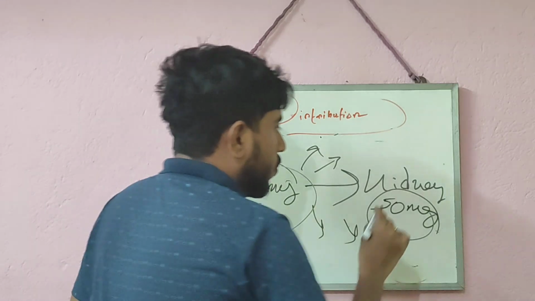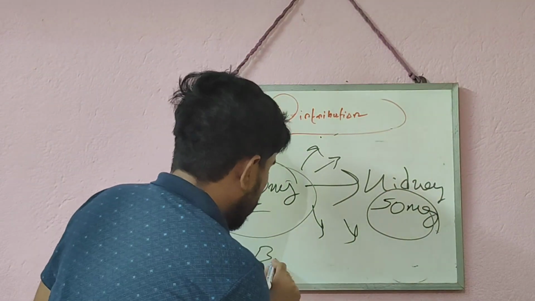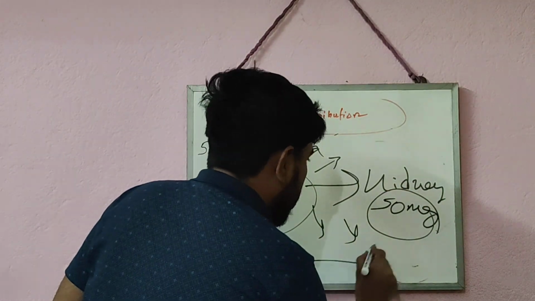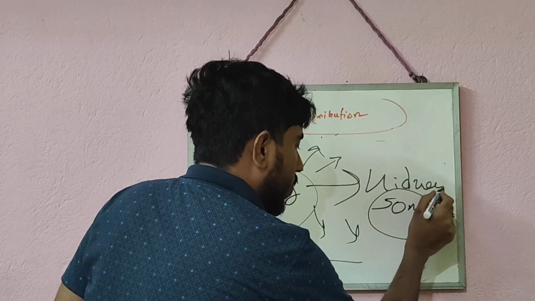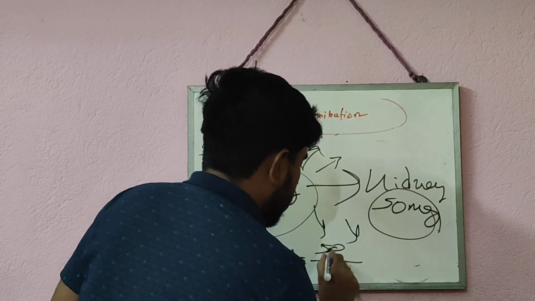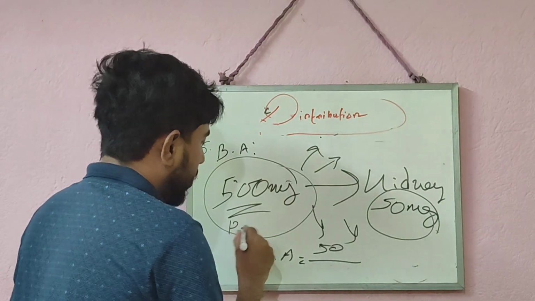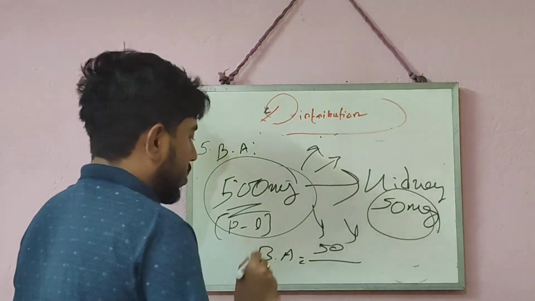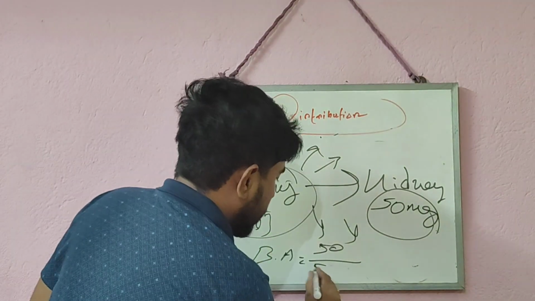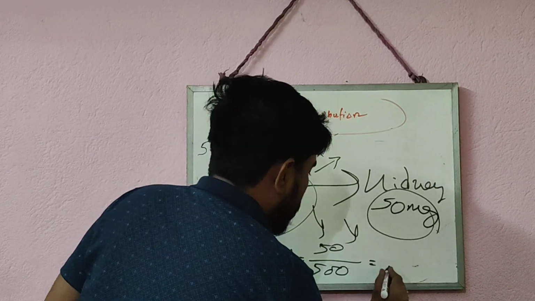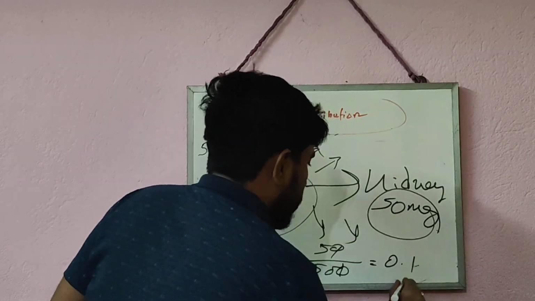So in the kidney, out of the 500 mg of drug, only 50 mg of drug is reaching the kidney tissue. So the bioavailability in that kidney tissue will be the drug amount present in that organ, that means here 50 mg, divided by the total drug administered, that is the plasma drug concentration, that is 500 mg. So here it will be 0.1.